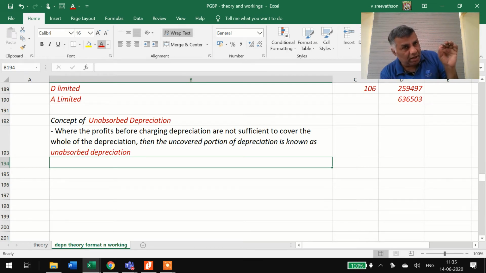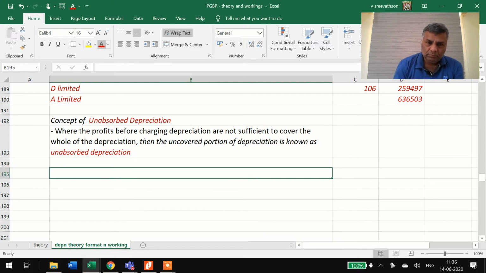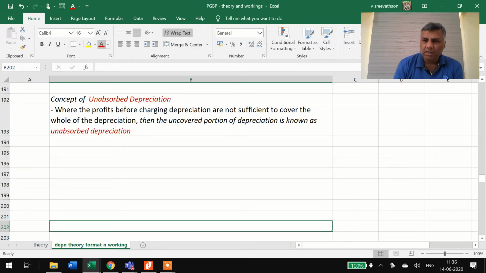Where the profits before charging depreciation are not sufficient to cover the whole of depreciation, then the uncovered portion is popularly known as unabsorbed depreciation.